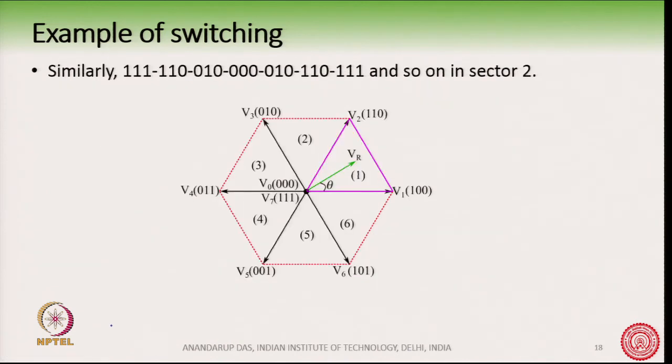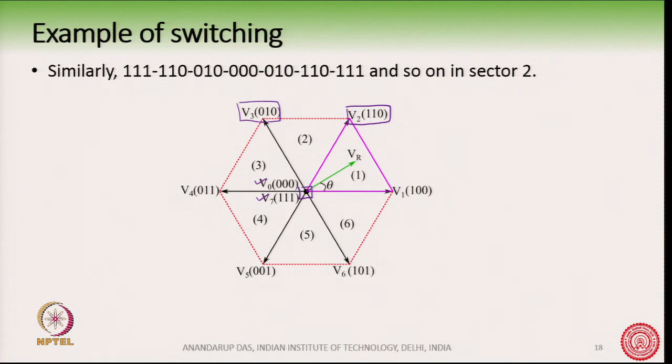Similarly, it will be possible that for the second sector we will use this one, this one, this one and again this. So, V0, V0. So, the switching will be 1 1 1, 1 1 0, 1 1 1 and then 1 1 0, 0 1 0 and 0 0 0, again 0 0 0, 0 1 0, 1 1 0 and 1 1 1.